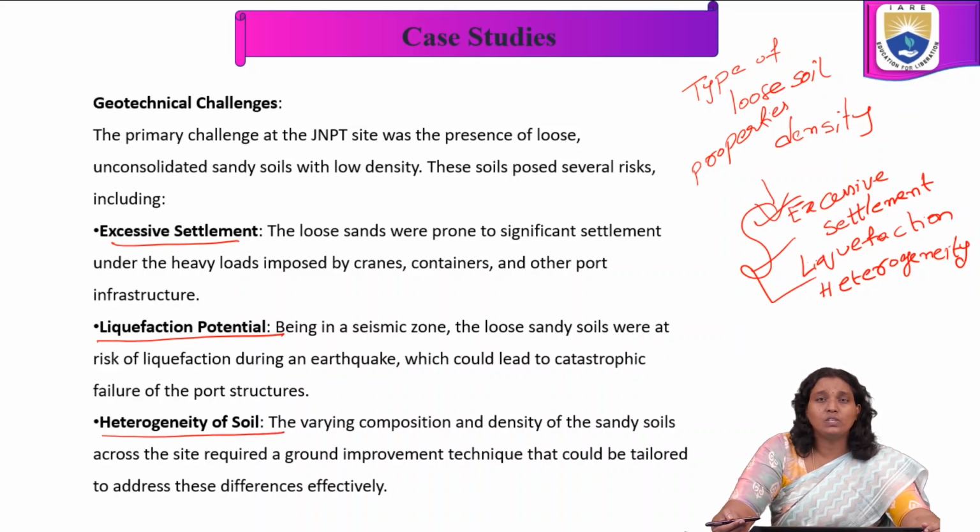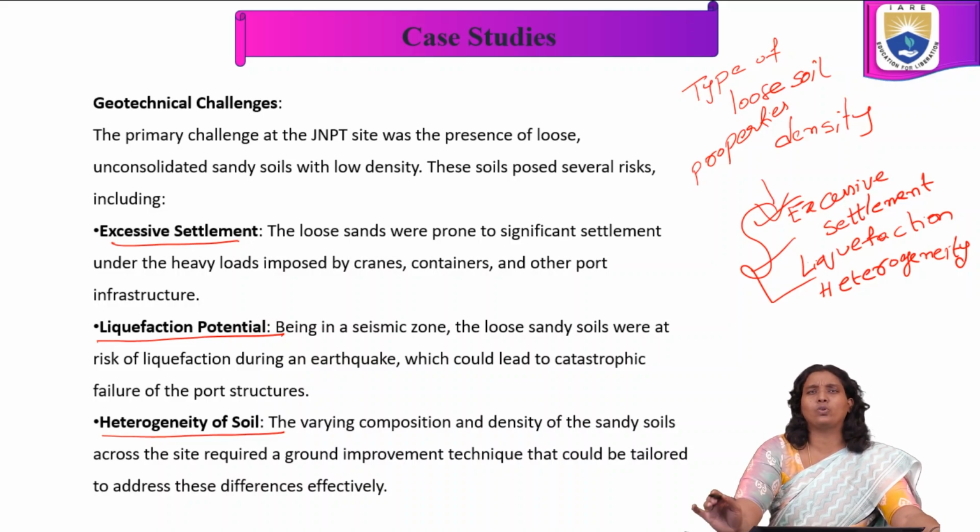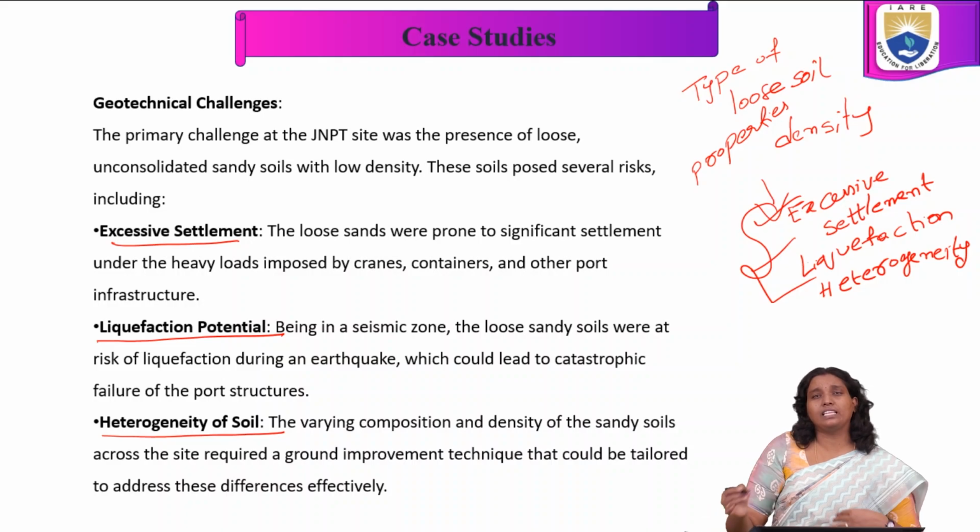So in this excessive settlement, the loose sands were prone to significant settlements because of the heavy loads. Why? Because of the containers and heavy cranes for moving, exporting and importing material. So huge cranes and containers, shifting material. Other infrastructure we are using is all heavy loads.